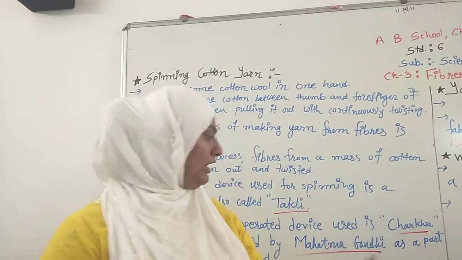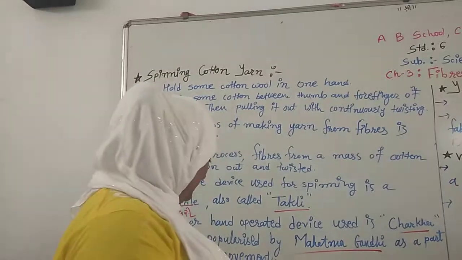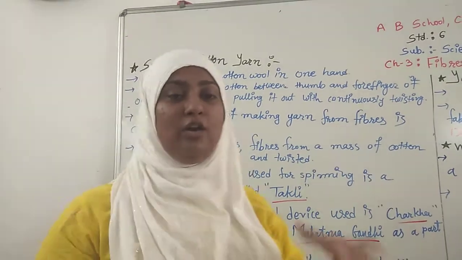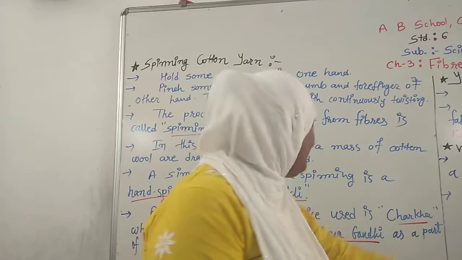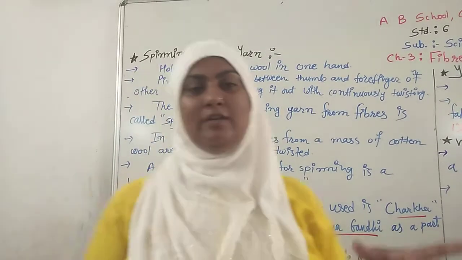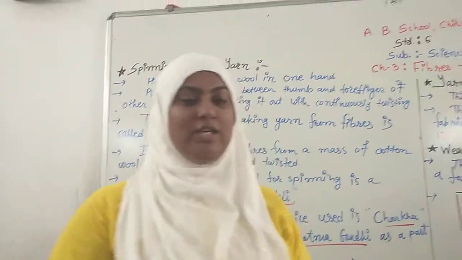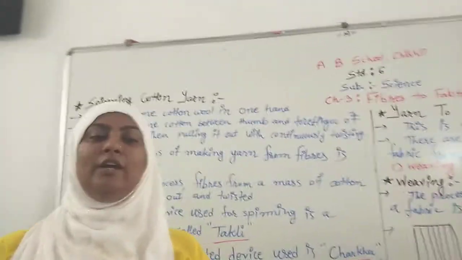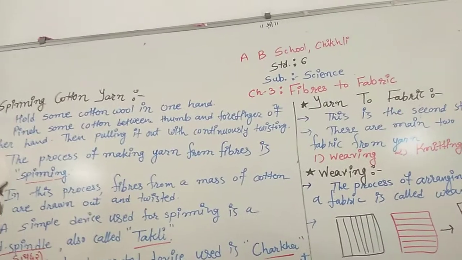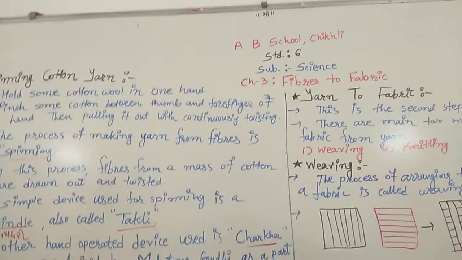So Mahatma Gandhi encouraged the people of India to wear cloth made of homespun yarn. Homespun yarn means સ્વદેશી, જે પોતાની કન્ટ્રીમાં જ બનાવેલું હોય. And to shun imported cloth.